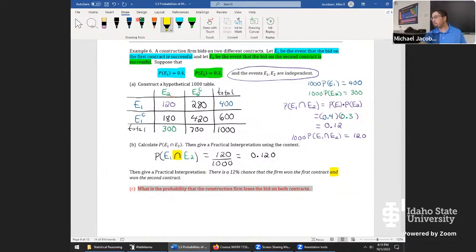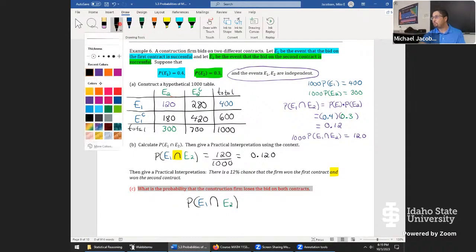It says, what is the probability that the construction firm loses the bid on both contracts? Now the word both is implying an "and," so we can put an intersection right here. There are 2 contracts in question, E1, E2, but I'm still missing some information in that probability statement.